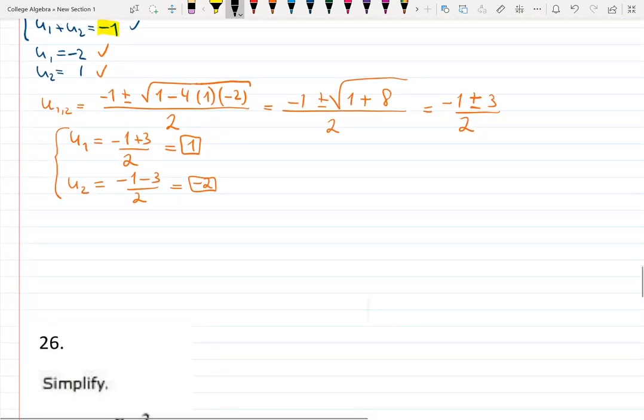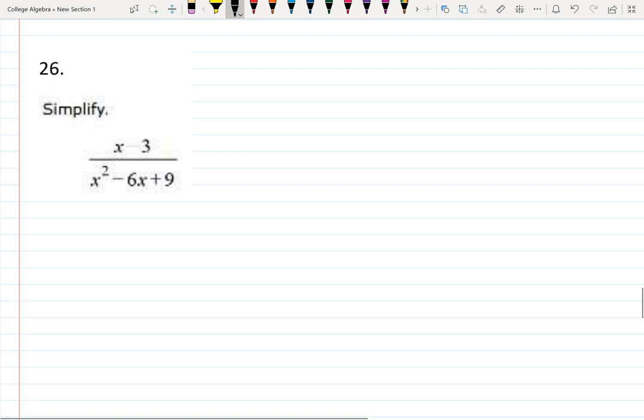One more example and we are done. Let's simplify this: x minus 3 all over x squared minus 6x plus 9. Actually, in the denominator, we are working with the square of a difference, x minus 3 squared.